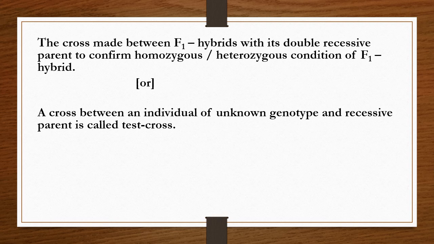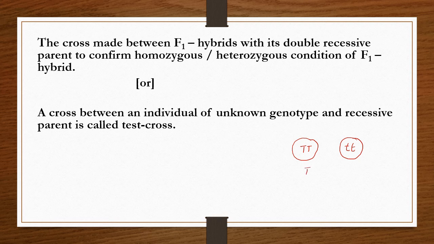So let's see once. We already discussed in the previous part the monohybrid cross. In that monohybrid cross, we cross two parents: the female parent with a tall character, which we mention as T, and a male parent with small t, which is a recessive character.